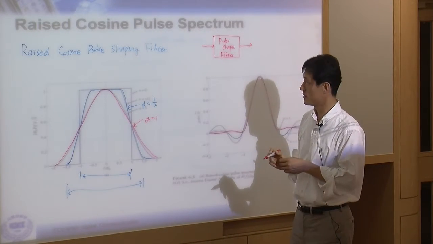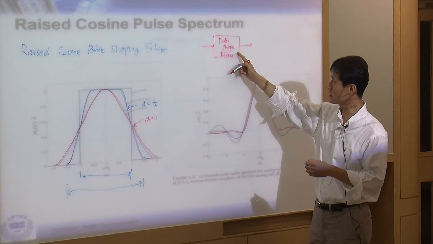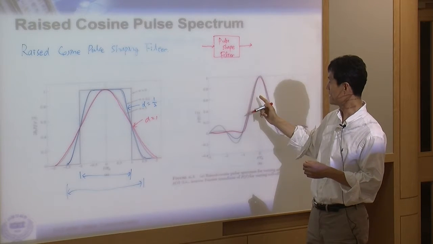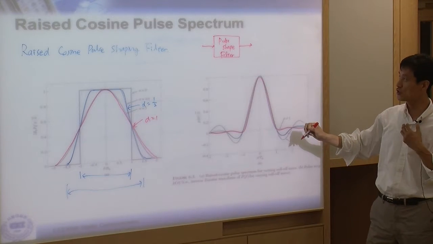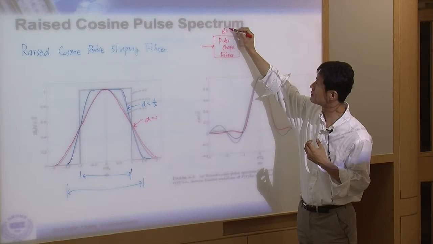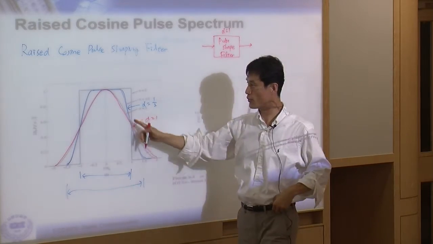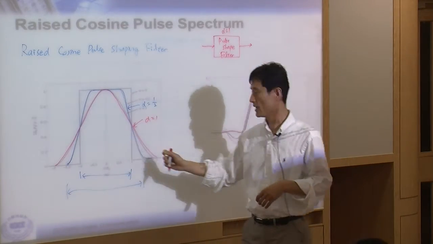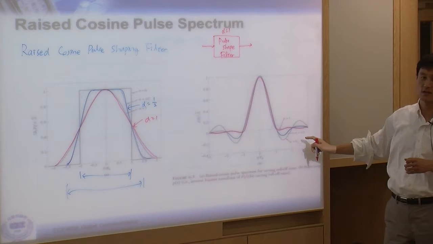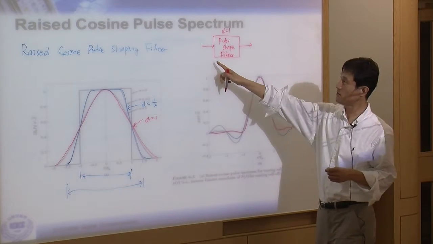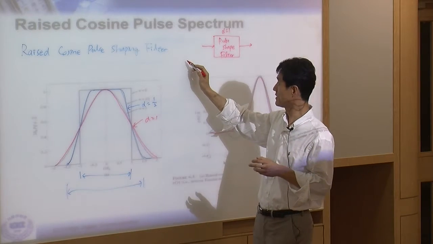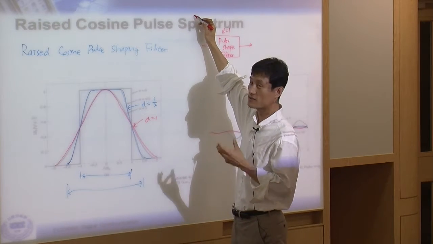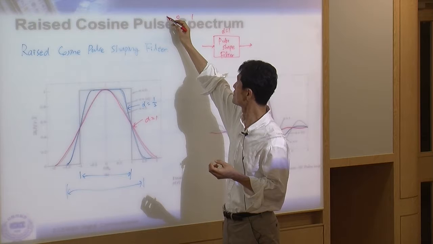Now let's say this particular pulse shape filter has the red one here. I'll choose alpha equal to 1. So we're going to have this red frequency response here and also the red time domain response here. Now what's going to be the input? Our input is digital samples, like 1, 0, 0, 1.